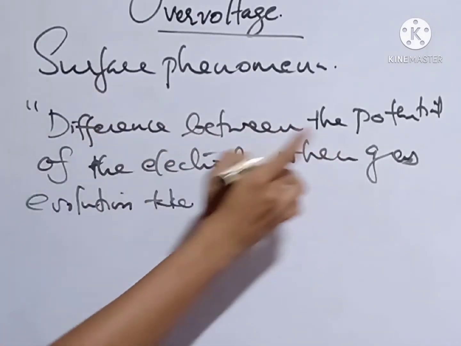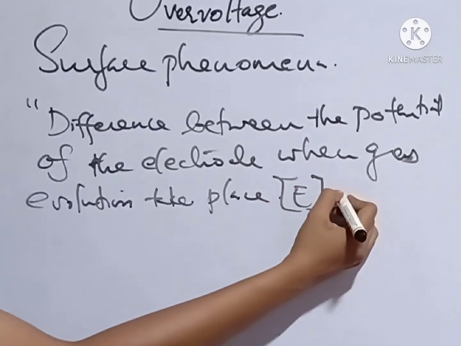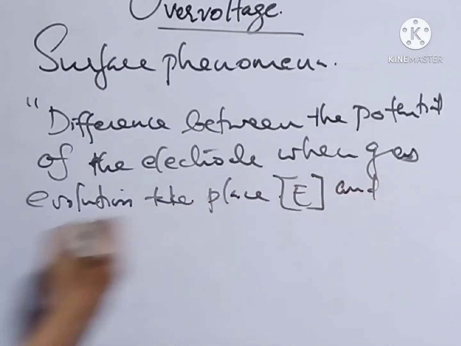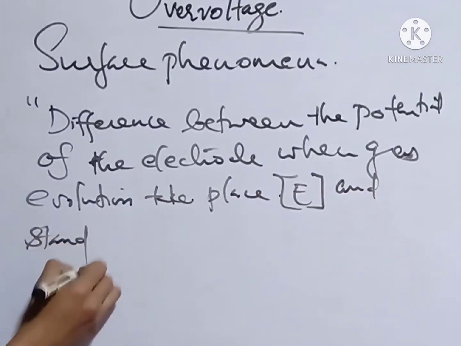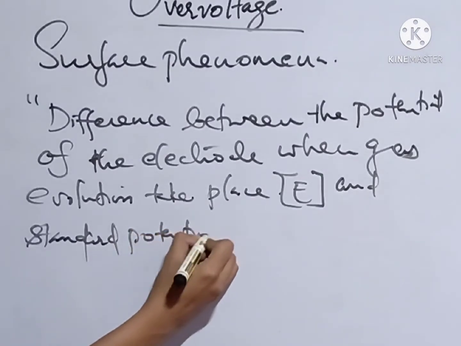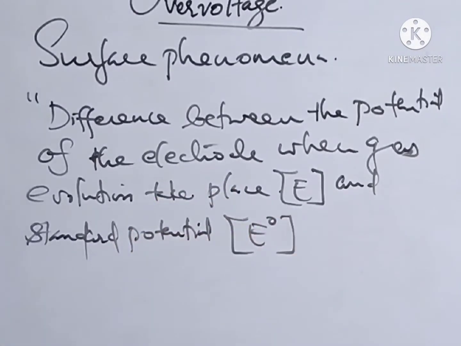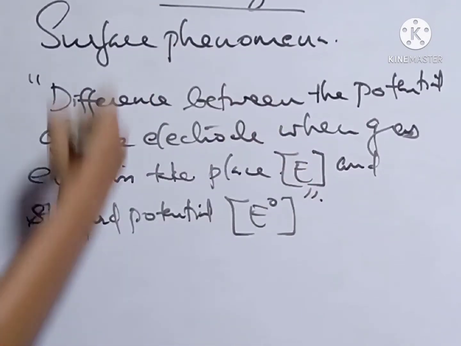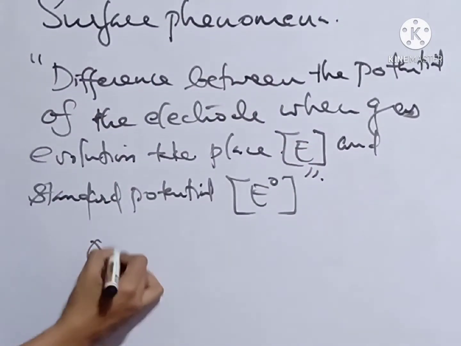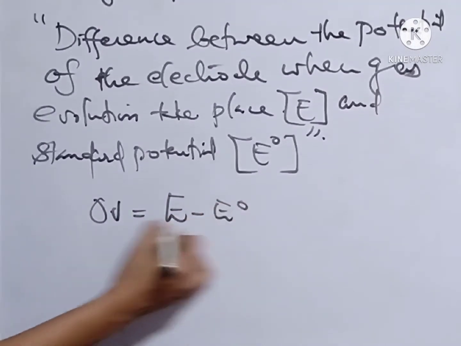and the standard potential of the cell. So we can take the electrode potential as E, and the standard potential of the cell as E0. And this is overvoltage. So overvoltage is equal to E minus E0.